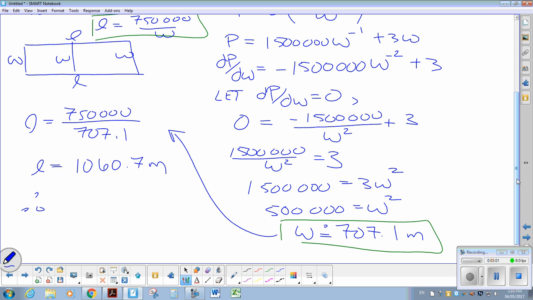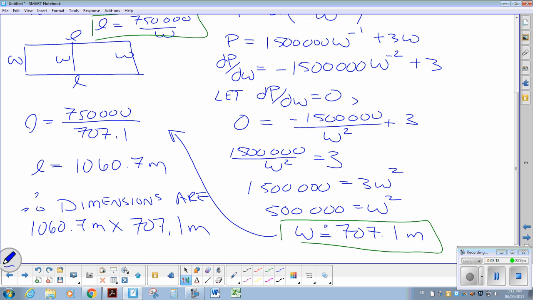So therefore, dimensions are 1,060.7 meters by 707.1 meters.